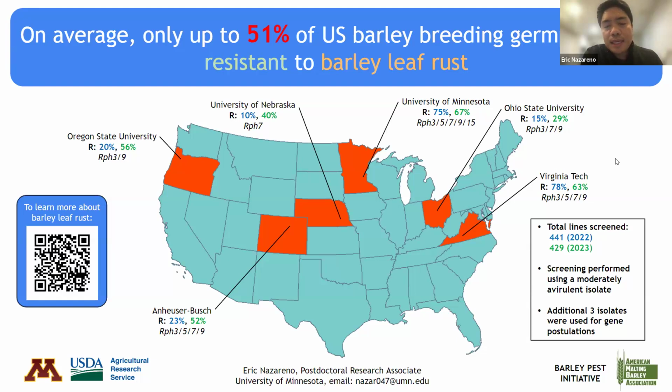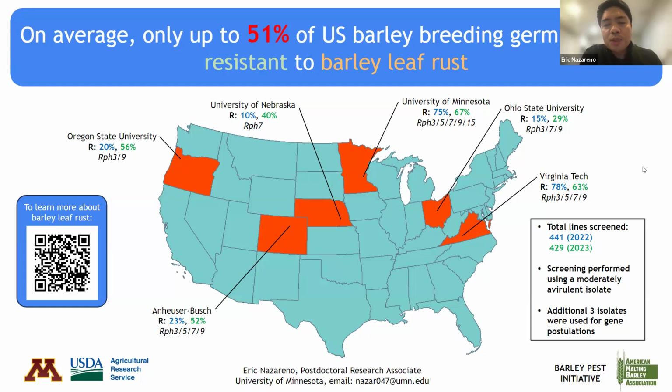As you can see, only Minnesota and Virginia Tech generally have a moderate level of resistance to barley leaf rust. I guess that's one of the goals of this program: to enhance the resistance in other barley breeding programs in the US in the future.